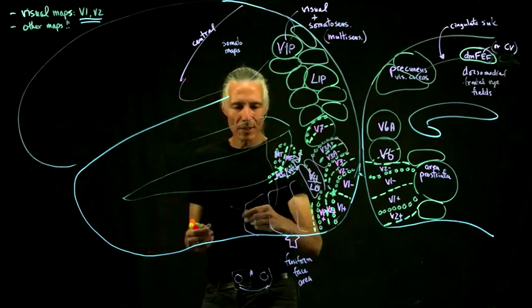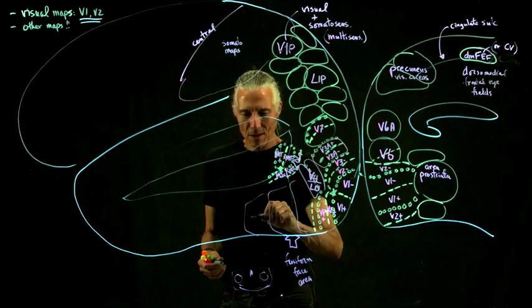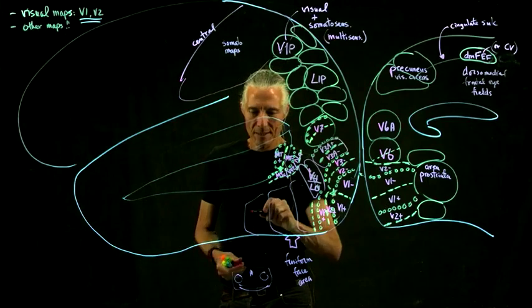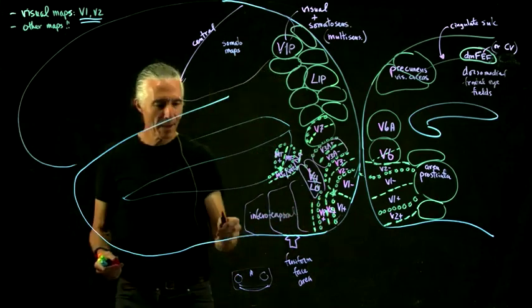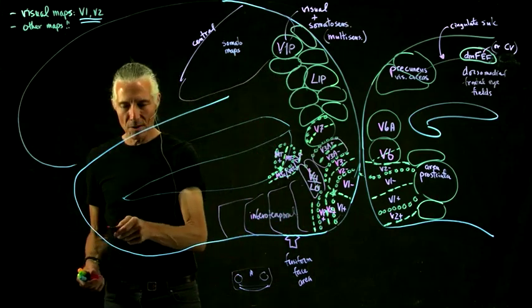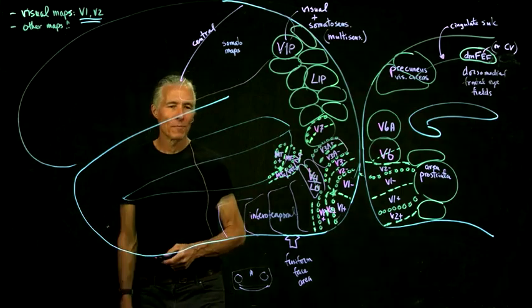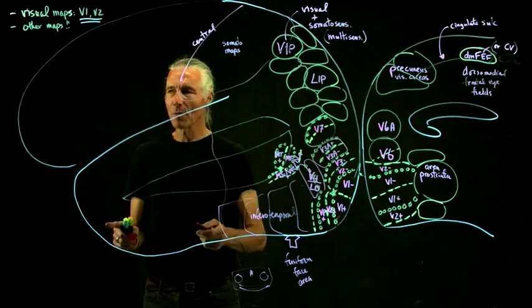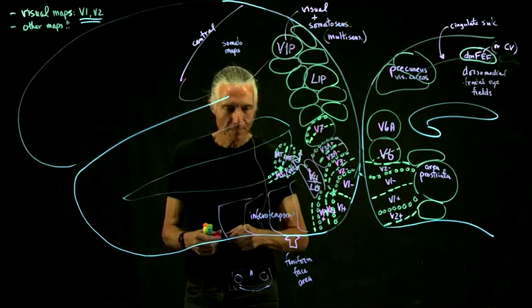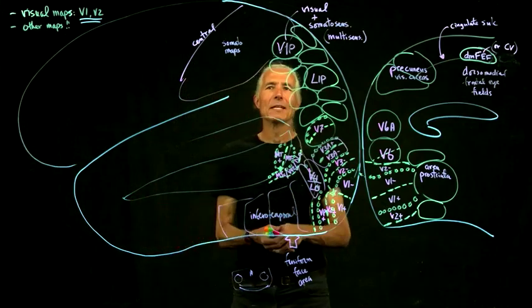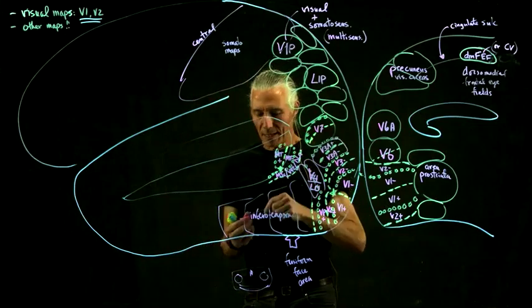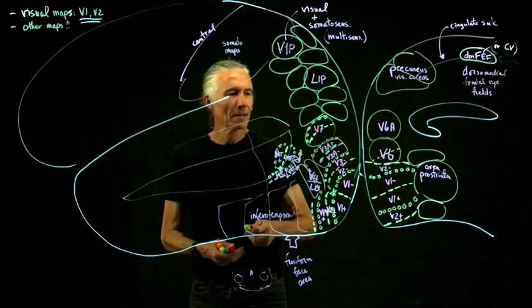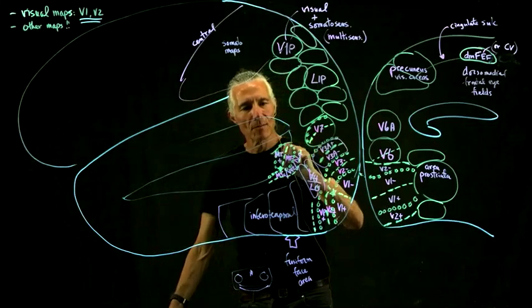So we've got a whole series of what we can call inferotemporal areas. In a macaque monkey, these areas go all the way to the front of the temporal pole. They don't extend quite as far forward in humans. Now, last but not least, we've got some areas around MT. There's a whole series of areas around MT, and we'll talk about a couple of them.